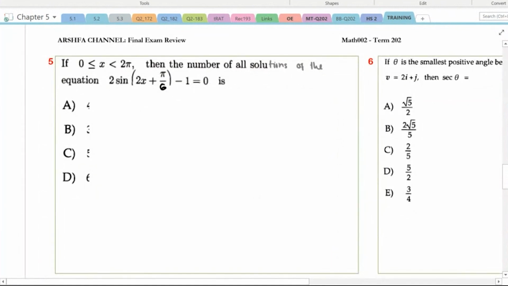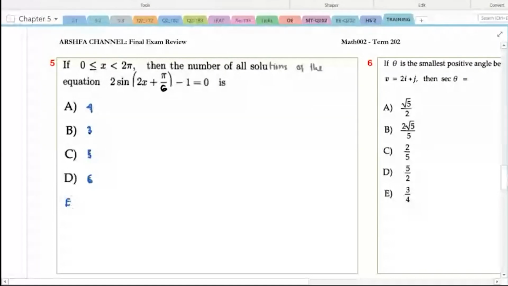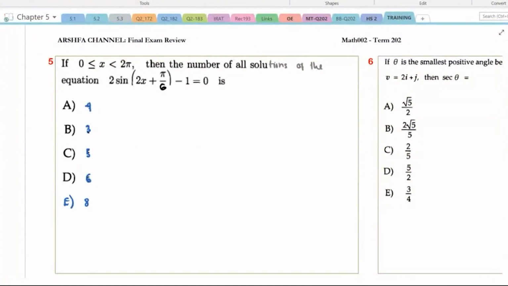How do we get the number? Okay, I don't know what happened here. Some of it disappeared anyway. But the options are 4, 3, 5, 6, and E, I think is 8. Okay, now. So what do we do in this question, gentlemen?